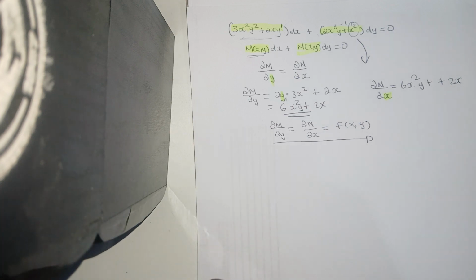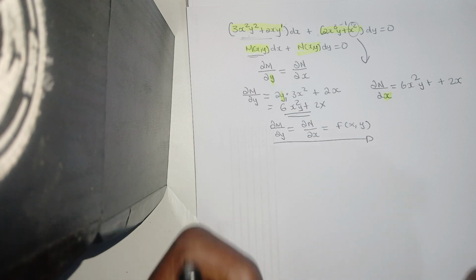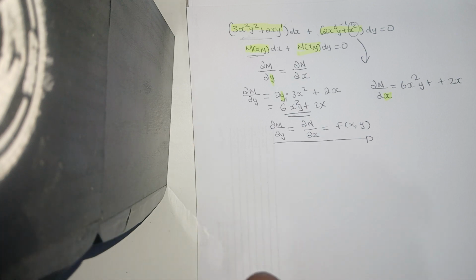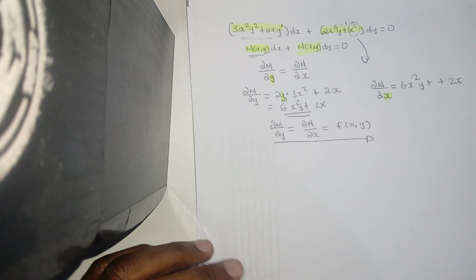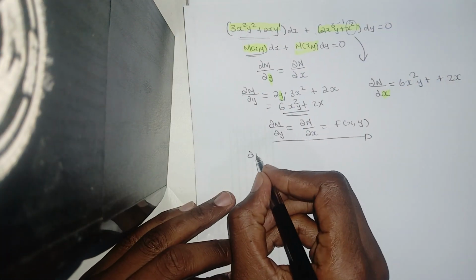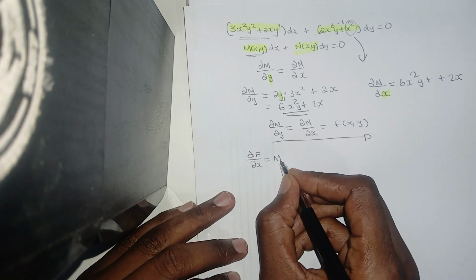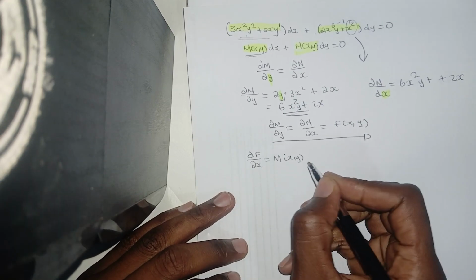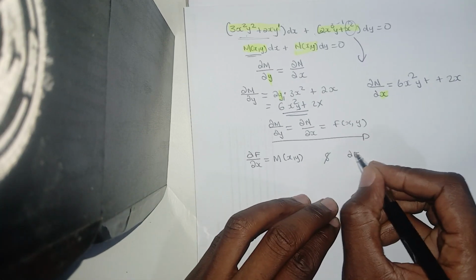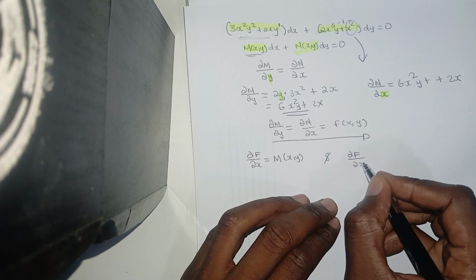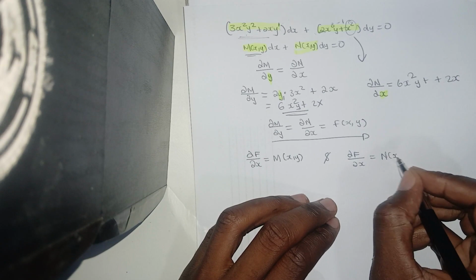Mostly when they are asking about this question, they will ask you to find the function f(x,y) such that ∂f/∂x is equal to M(x,y), and ∂f/∂y is equal to N(x,y).